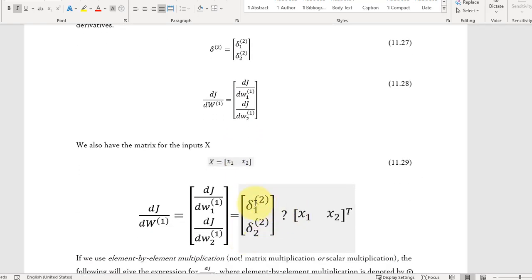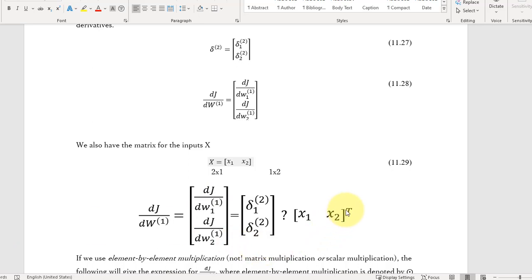For example, first of all, what's the size of this? This is a 2 by 1. So this one here is a 2 by 1, and this one here is a 1 by 2. So if we multiply those, that doesn't give us what we want, because that gives us a 2 by 2, and this is not a 2 by 2, so that doesn't work.